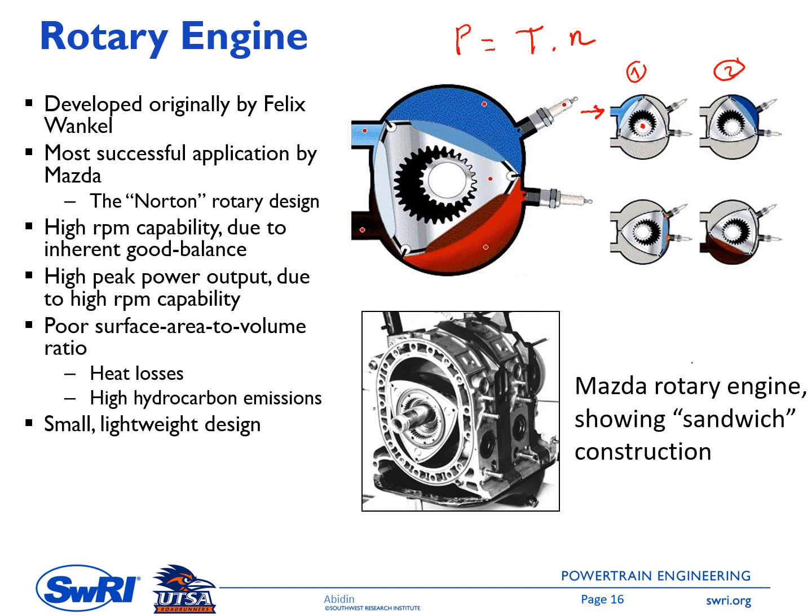This engine has two spark plugs, and at some point the spark plugs will ignite the mixture, and we'll have a power stroke, number 3. The last one is the exhaust stroke, and the exhaust gas will exit the engine through this port.